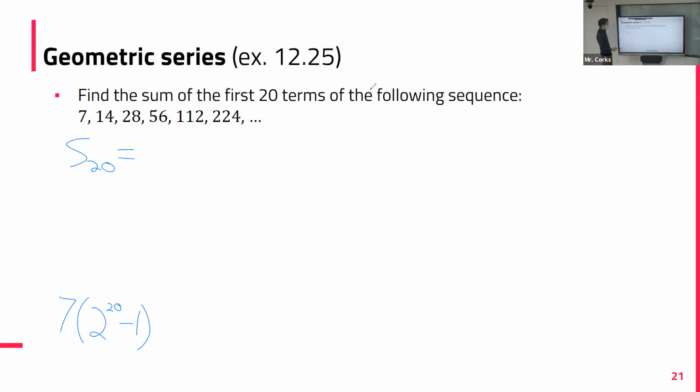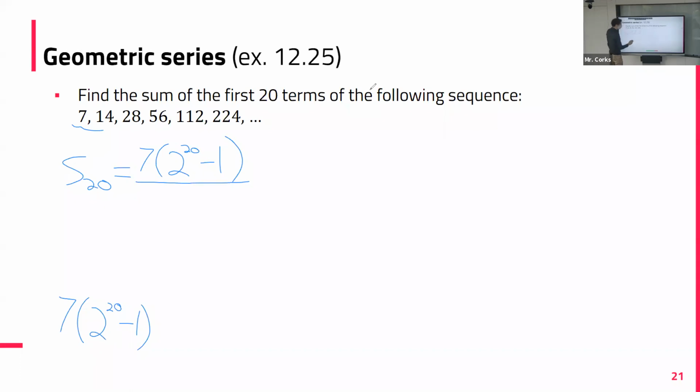Okay, let's check. For S20, our R value is greater than 1, so we use this formula. Our first term is 7. Inside our brackets we'll have R, which is 2, to the exponent n, which is 20, minus 1.